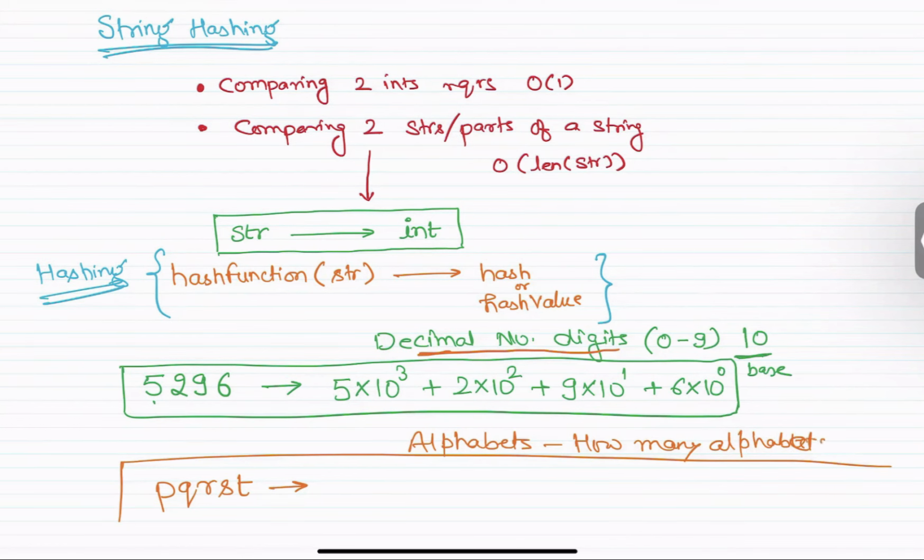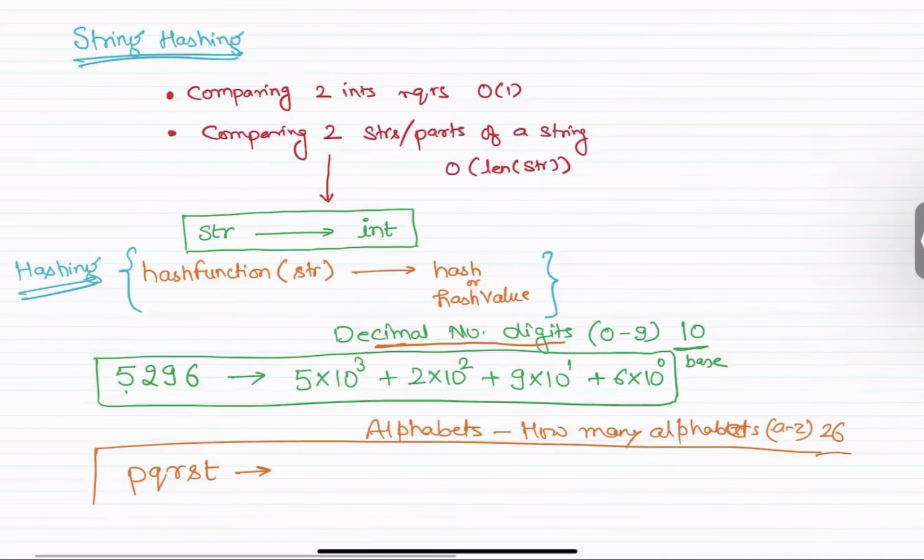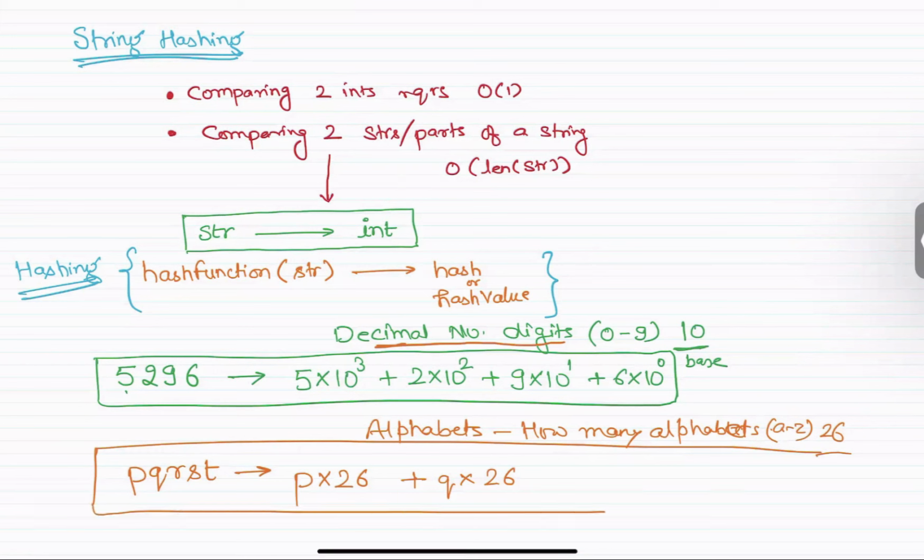So can I say the base is 26 now? A to Z, so it is 26. That means we should be able to express it as P into 26 raised to the power something, plus Q into 26 raised to the power something. What will be the power for P? Will it really be 5? No, 4. Yes, it will be 4.